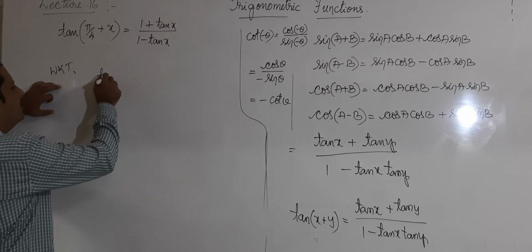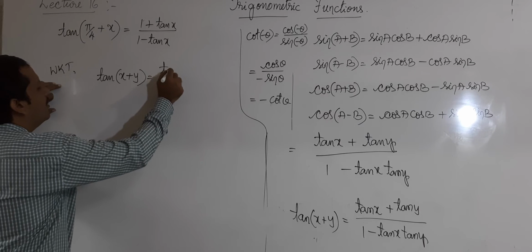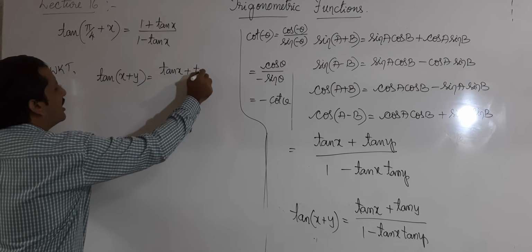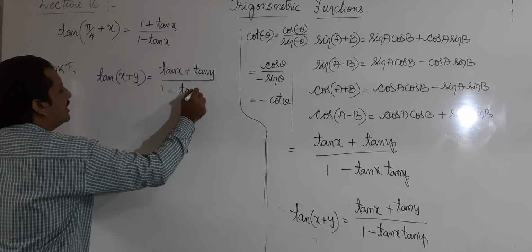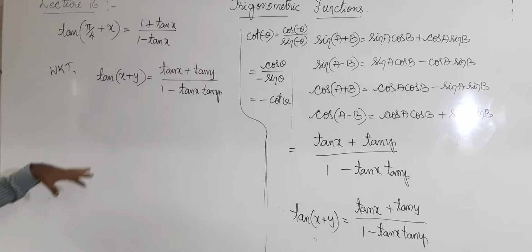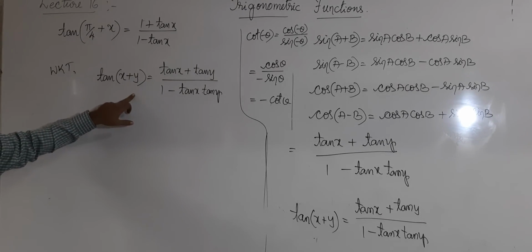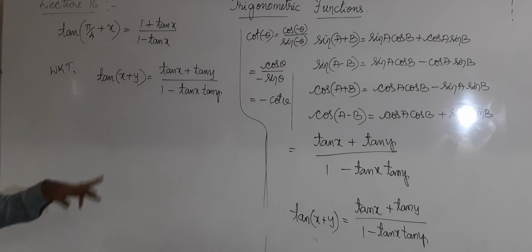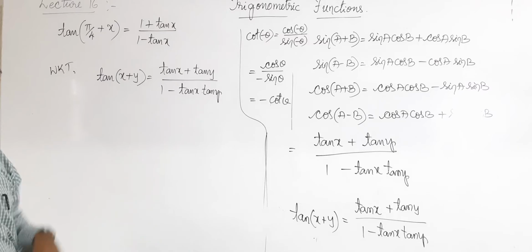We know that tan of x plus y is equal to tan x plus tan y divided by 1 minus tan x into tan y. Okay, this is the formula we know. Now in this equation, I will put x is equal to pi by 4 and y is equal to x. In place of x, I will substitute pi by 4, and in place of y, I will substitute x.